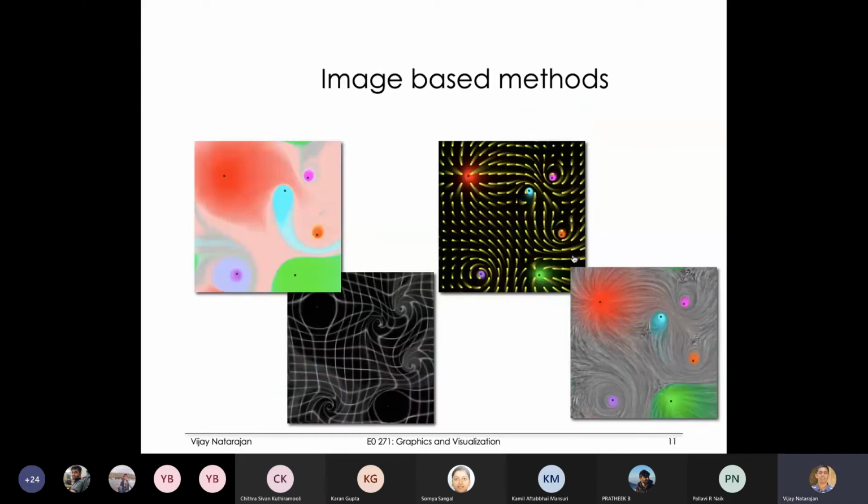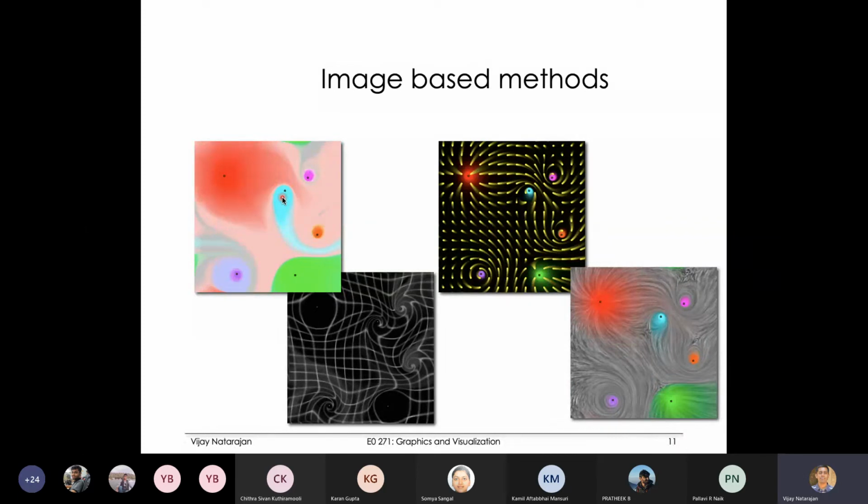There are several other methods used for dense visualization. This is just a sample. I'll say one sentence about each. On the left, what you have is a visualization where you use a dye source at every source and sink point, and you let the dye diffuse and display the color that you get due to this diffusion process.